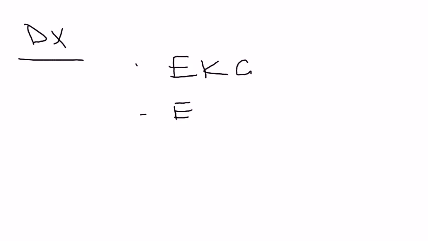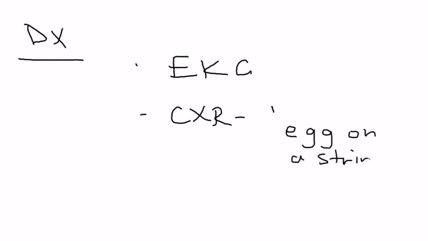So how do you diagnose this? Initially you can do an EKG, and you can do a chest x-ray. And the chest x-ray does have a very classic sign. It's called egg on a string. That's how the cardiac shadow appears. I encourage you to look it up to see what this looks like on a chest x-ray.